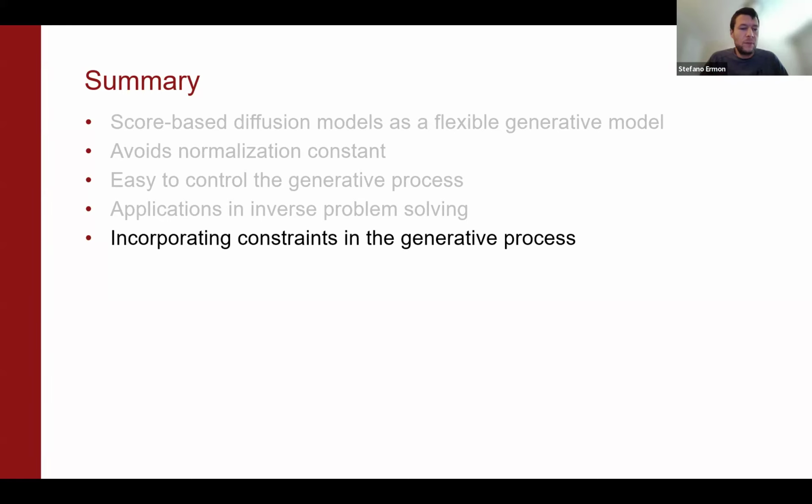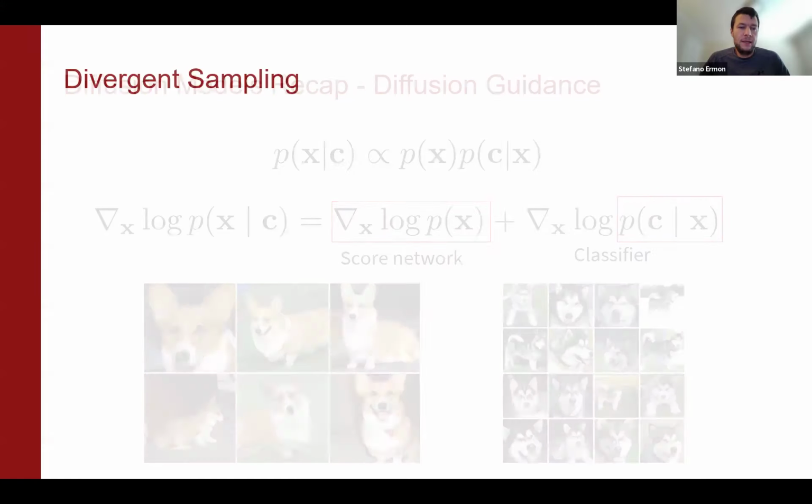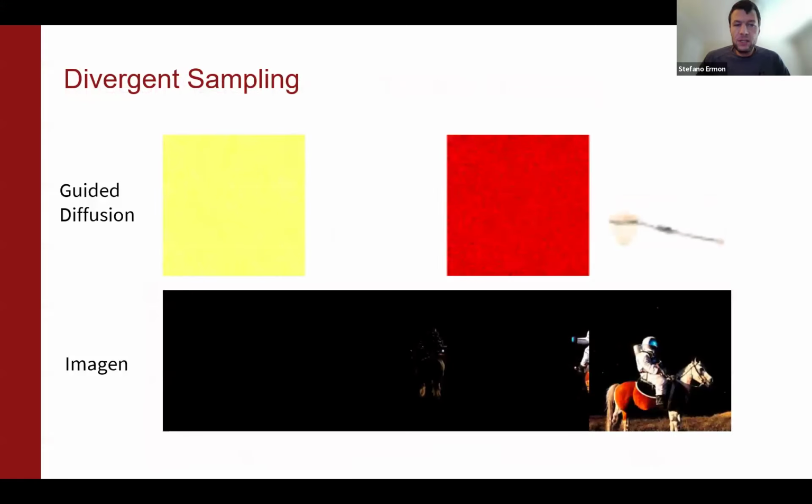As a recap, we often want to use these diffusion models in a guided way where we combine a prior and likelihood. And what can happen is that things can go wrong. These are some examples from the Imagen paper that are in the appendix.